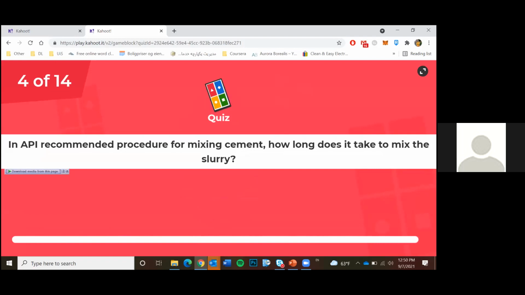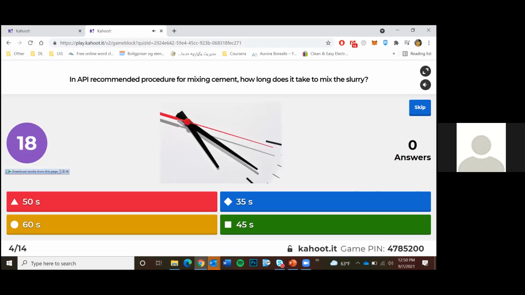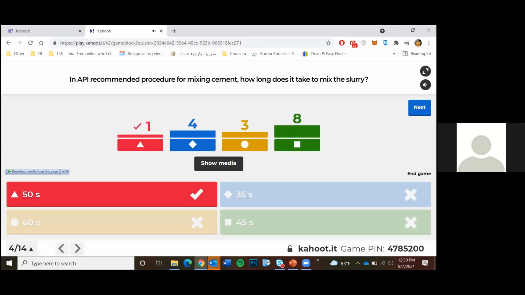In the API recommended procedure of mixing cement, how long does it take to mix a slurry in total? 50 seconds, 60 seconds, 35 seconds, 45 seconds. Don't cheat. Nice.